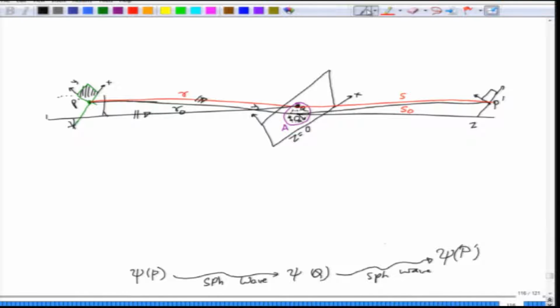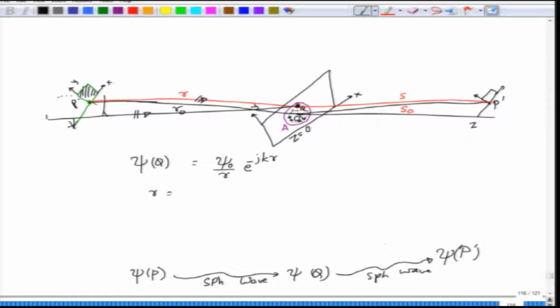So, following this basic idea, first, what would be the field at point Q due to the source at point P? This would be some psi 0 divided by r, e to the power minus j k r, where r is the distance between source point P and the aperture point Q, correct. This is the spherical wave which we have already seen earlier. Now, what is r?